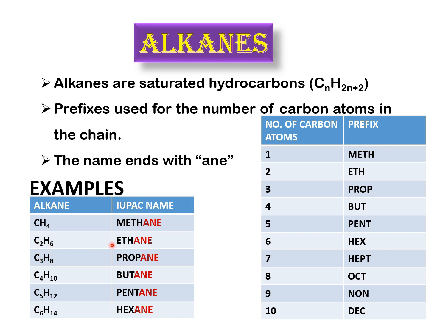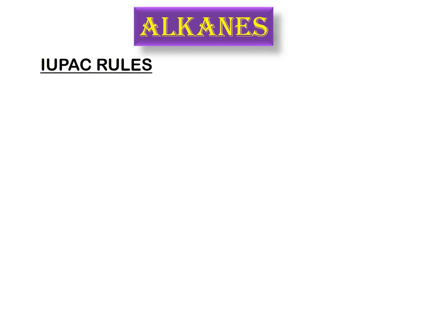The prefix used for a two carbon chain is eth and the name ends with ANE because it belongs to the alkane class of molecules. For three carbons, the name will be propane. For four carbons, it's butane. Five carbon chain, pentane, and six carbon, hexane, heptane, octane, nonane, decane, and so on. So this is how you name the basic skeleton of an alkane molecule.